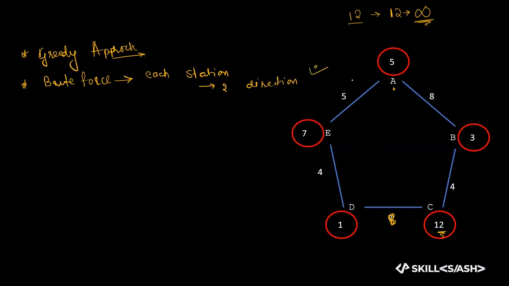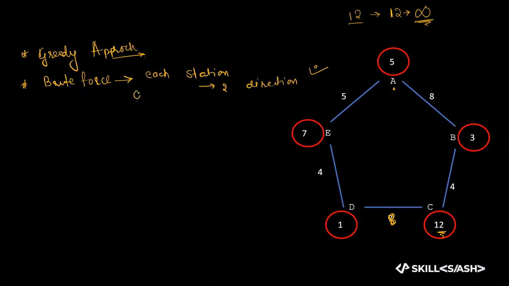If we cannot, then I'll move to the next station B. Again, in both directions, I'll go B to C wise and B to A wise. Again, from C in this wise or that wise. Again, from D clockwise, anti-clockwise. E to clockwise and E to anti-clockwise. Now, in that, obviously, the time complexity is order of n square, right?